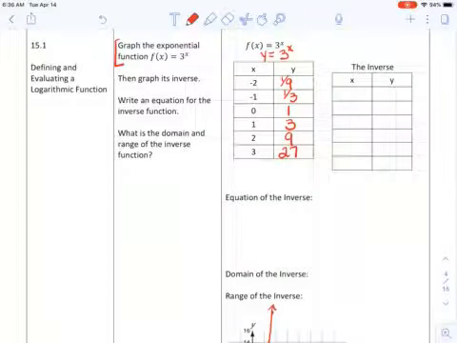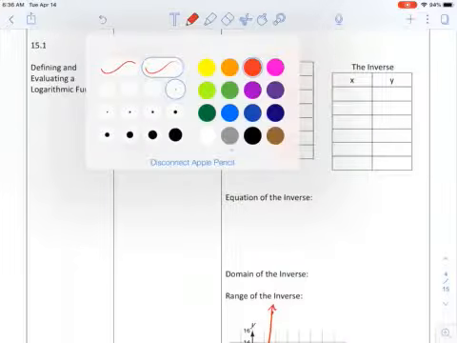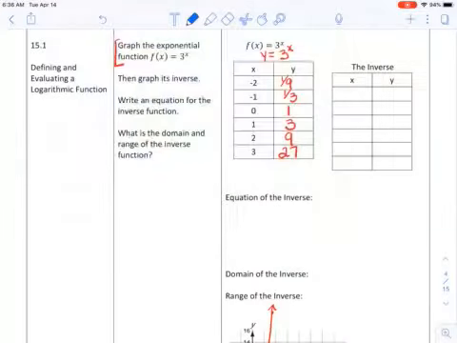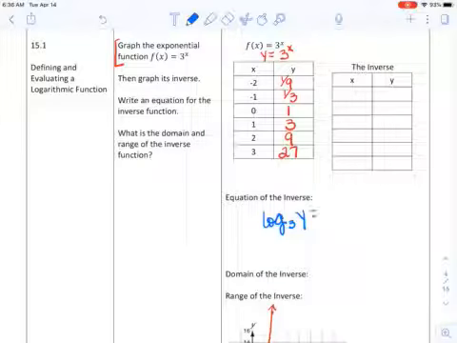Now, the inverse, again, we said the inverse of an exponential function is a log function. So I'm not going to work with the f of x version. I'm going to work with the y equals 3 to the x version. And so log base 3 of y equals x.